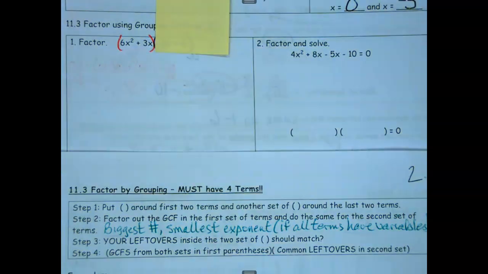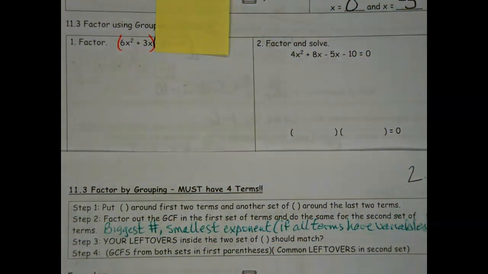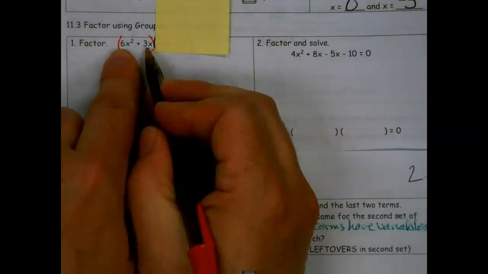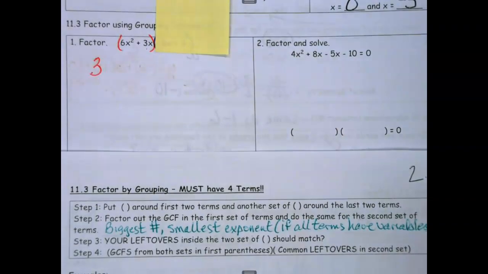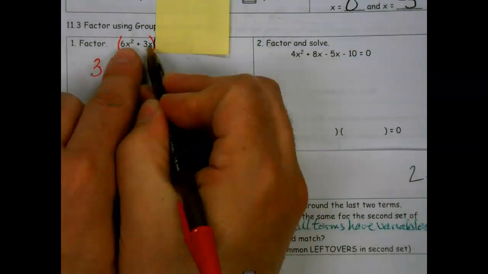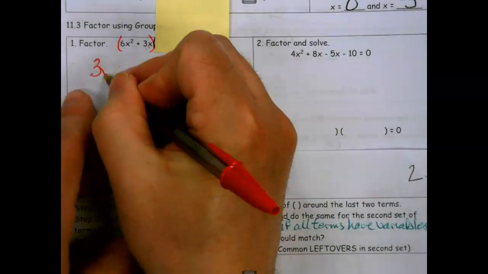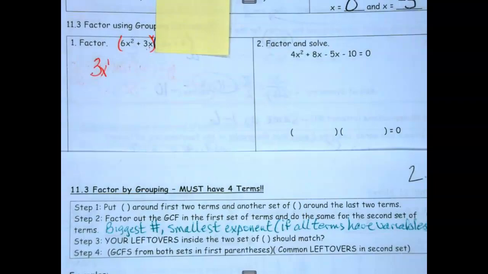And so basically, we're doing the exact same thing we did in the last section. We're still looking for the biggest number that divides into both. If they both have a variable, we take the littlest exponent out.